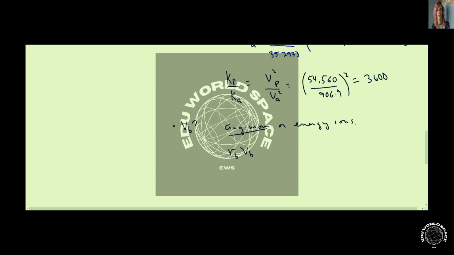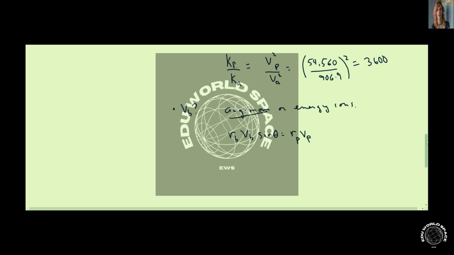So that has got to equal either the R at perihelion, velocity at perihelion, or the same product for the aphelion. And so we'd be okay. We know that RB is the same as the semimajor axis. We're looking for VB. Let's see if we can find the angle.